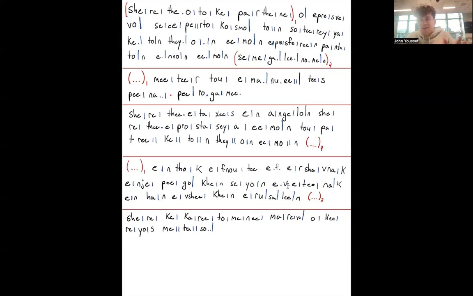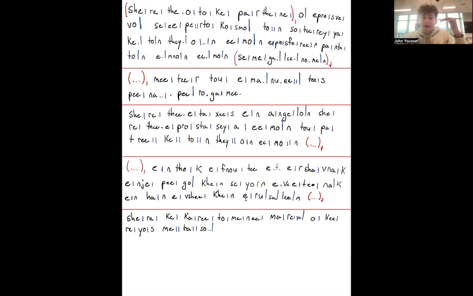I threw in a little e here because it's eve'etinak. It adds a little bit of bounce. It makes it easier to sing through. Chen seyon eve'etinak. Okay. So you're going to pause after eve'etinak and then starting higher.